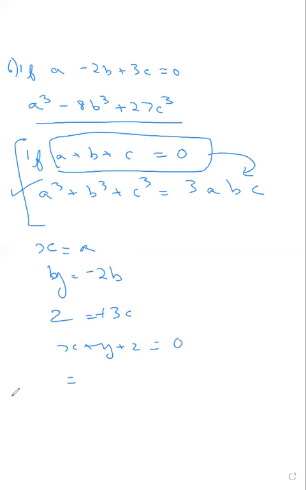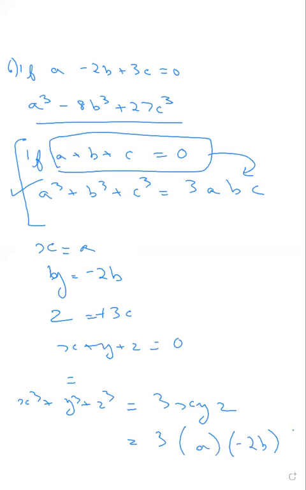So our final answer would be x cubed plus y cubed plus z cubed equal to 3xyz, which is nothing but 3 into a into -2b into 3c, which would be -18abc.